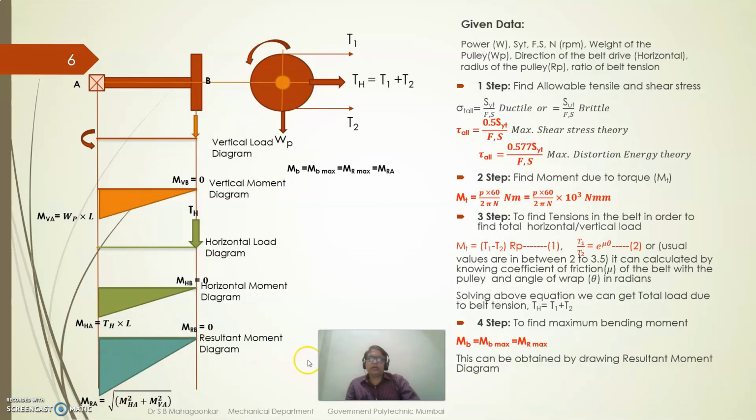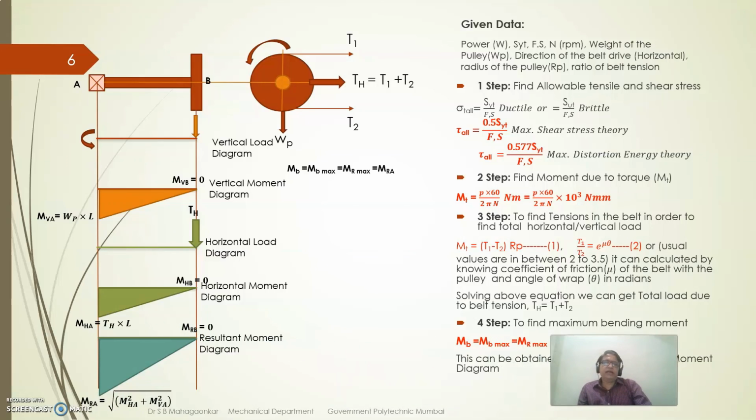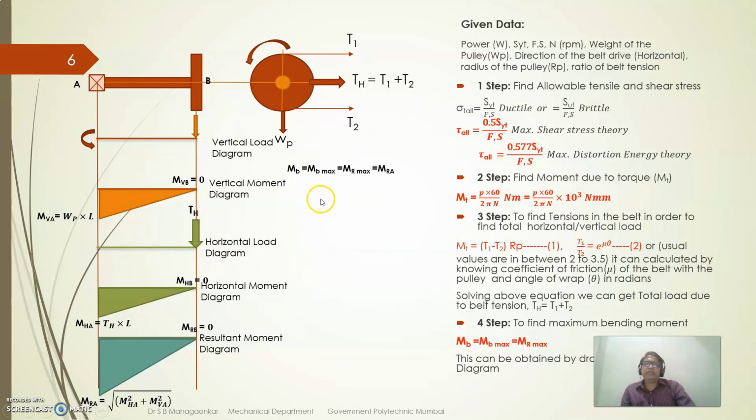Okay, so by taking that, we can find out, using this equation, tau maximum is equal to 16 upon pi d cube into under root MB square plus MT square. If Kb and Kt factors are given, you can add them: Kb MB square plus Kt MT square.